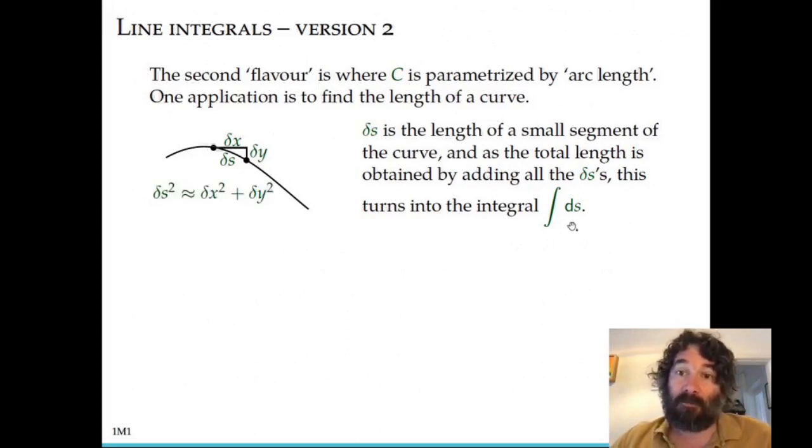And so what should we use for ds here? Well, this comes from approximating small sections of the curve just by using the Pythagorean theorem. If we have a small section of the curve, delta s, this is approximately a triangle, not exactly if it's a curve and not a straight line. And so delta s is approximately the square root of delta x squared plus delta y squared.